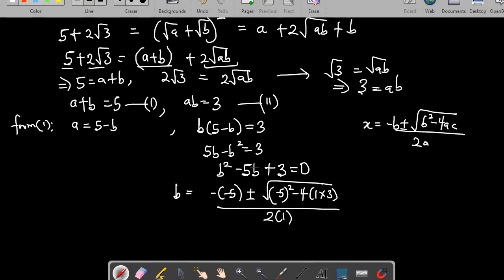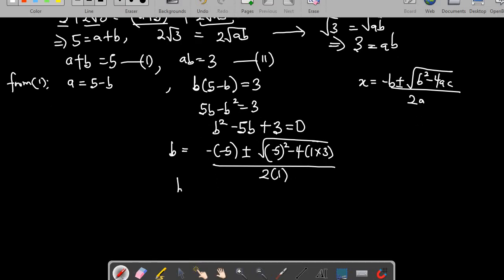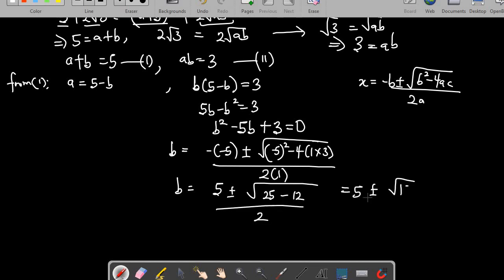I use the quadratic formula because this is already looking like something that will not be easily factorizable. So your b now will be equal to 5 plus or minus the square root of 25 minus 12, all over 2, and this will be equal to 5 plus or minus root 13 over 2. So this is b.